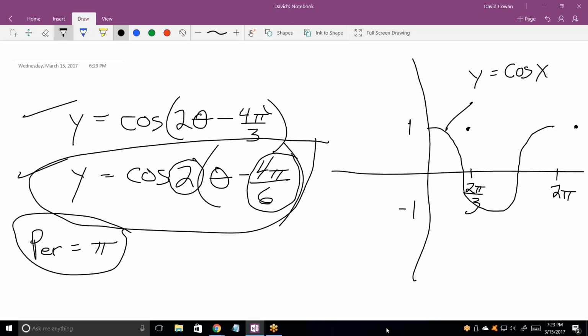Yeah, which is about... 5 pi over 3 is almost 3 pi over 2, so I think it's right there. Okay. And you can see that that's its period. From 2 pi over 3 to 5 pi over 3 is a period of pi.